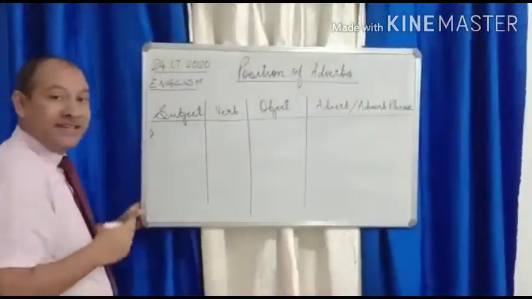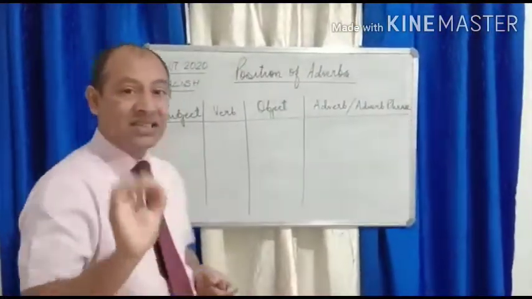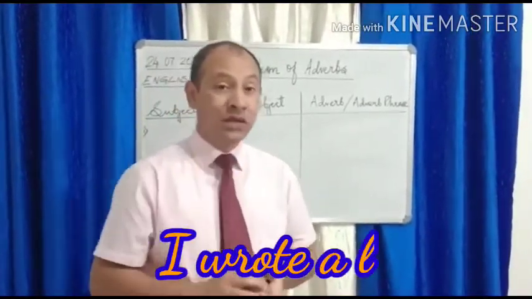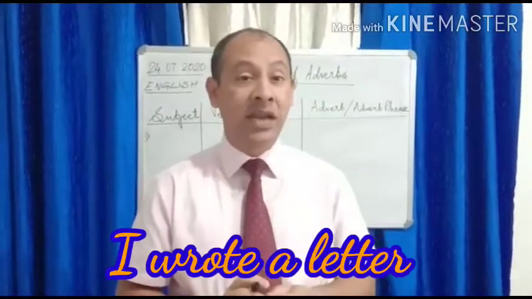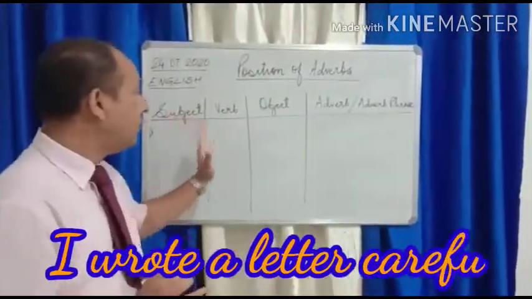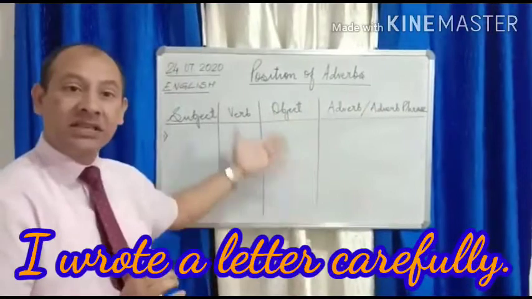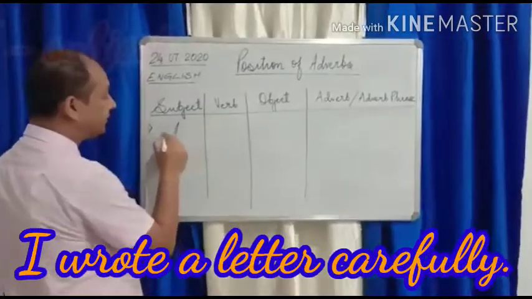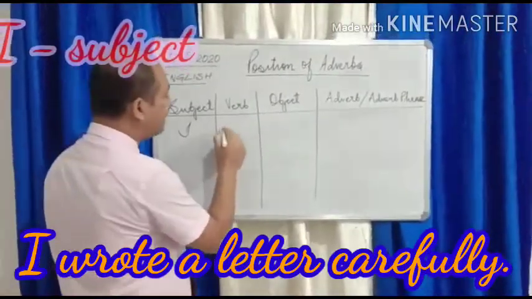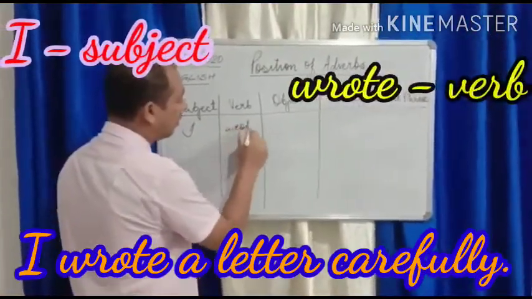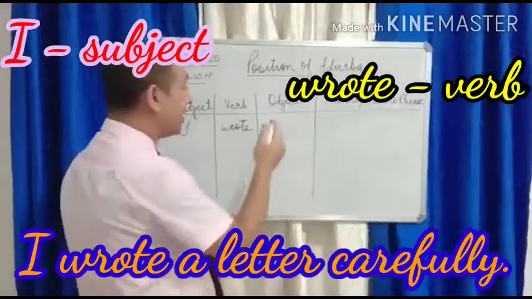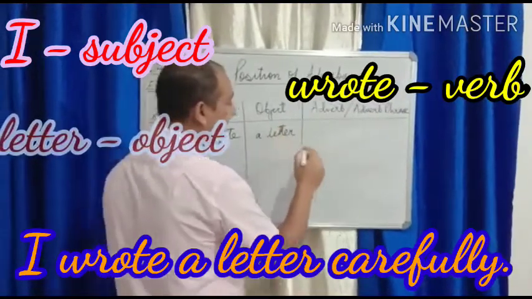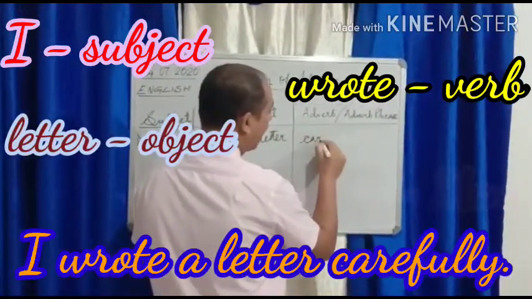Let's say, first example, the sentence is, I wrote a letter carefully. This sentence, I'm going to divide into these categories given here. So I becomes the subject, wrote becomes the verb, letter becomes your object, and carefully becomes your adverb.